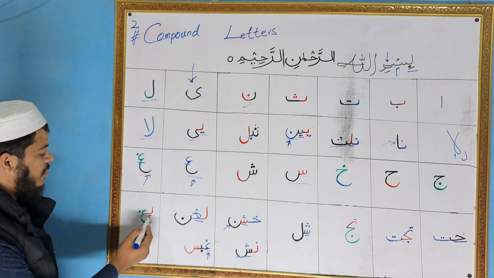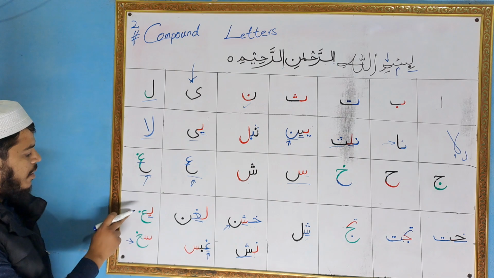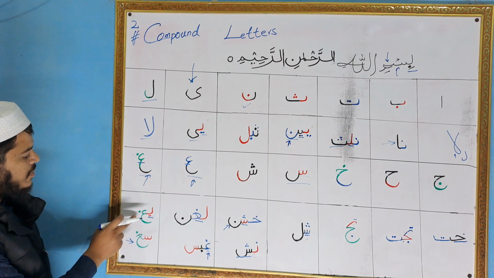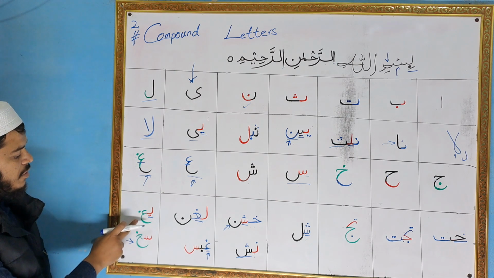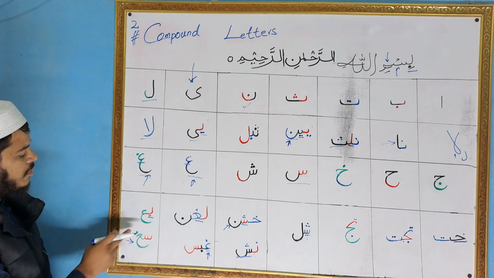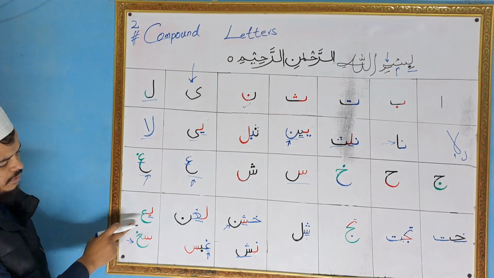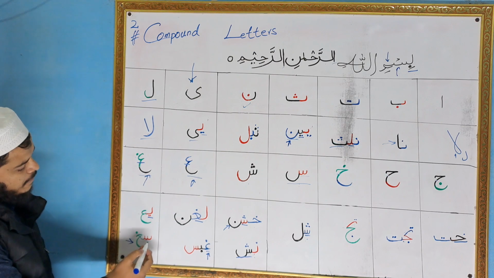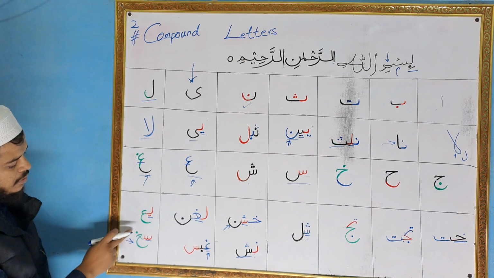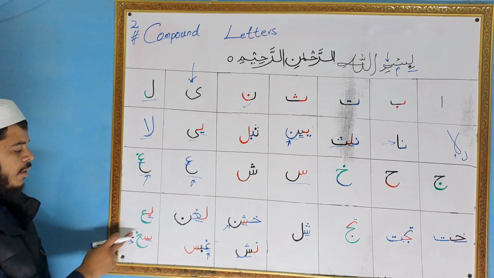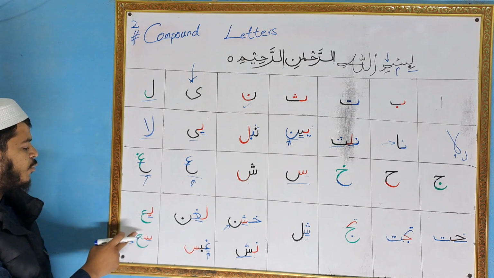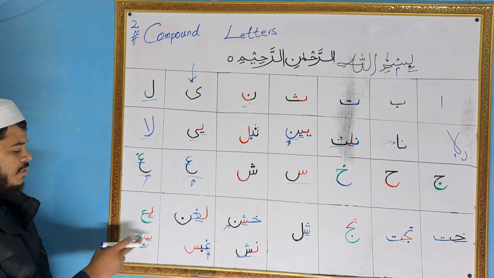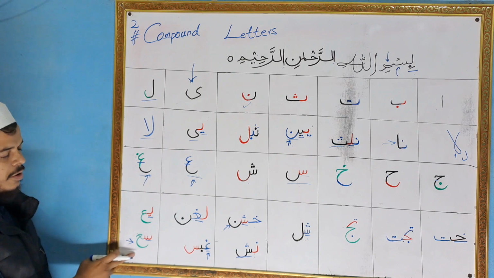So you can say this one is ya, and exactly this letter is coming, so it will be ghayn. If we remove it, ya, ayn. Okay, this one will be seen, ghayn, one dot on it. If we remove the dot, now seen, ayn.